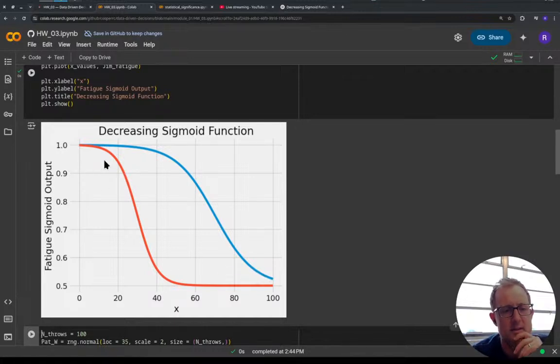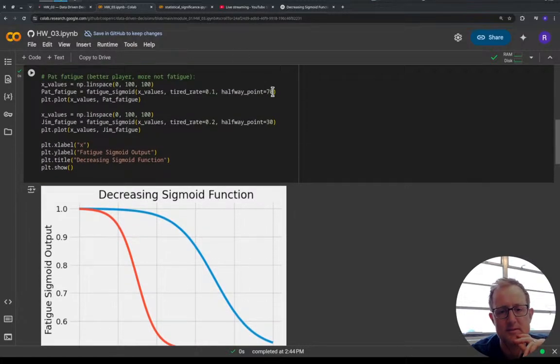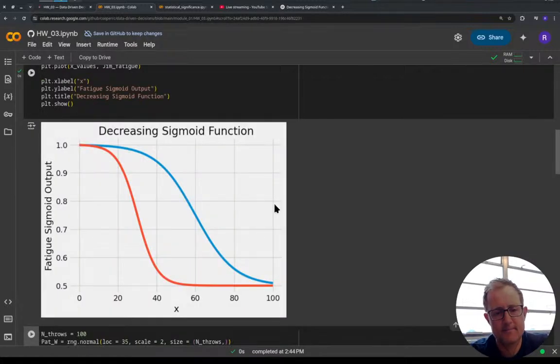This might be a little extreme, that maybe Pat can throw 100 throws and still not be at 50%. So maybe we'll call this 60, so that Pat is slowing down. Pat's getting less strong slower than Jim.